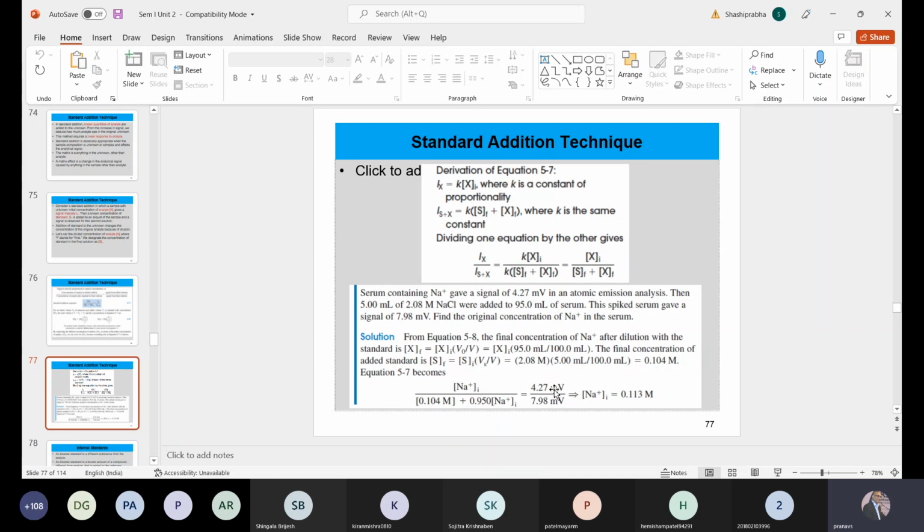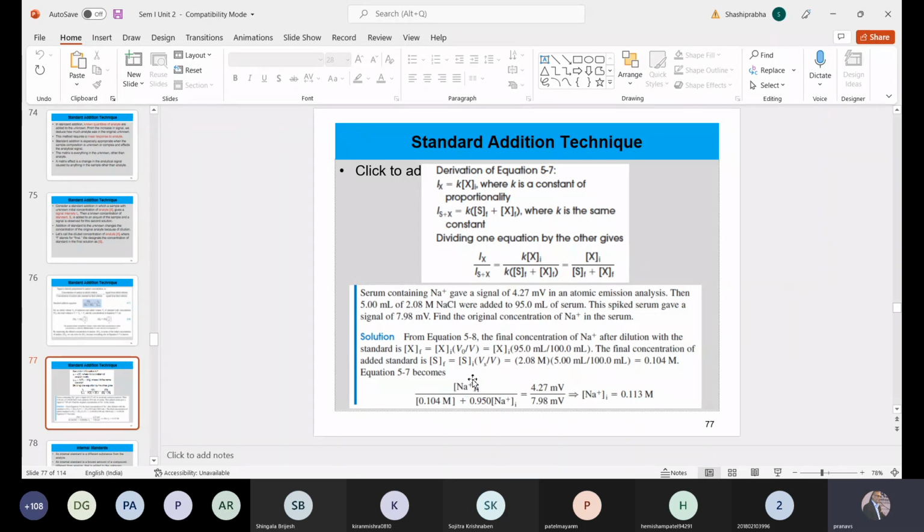Then you have Is plus X. Once you have added the standard, the intensity would be the combined intensity. So the intensity you obtain is 7.98 millivolts.